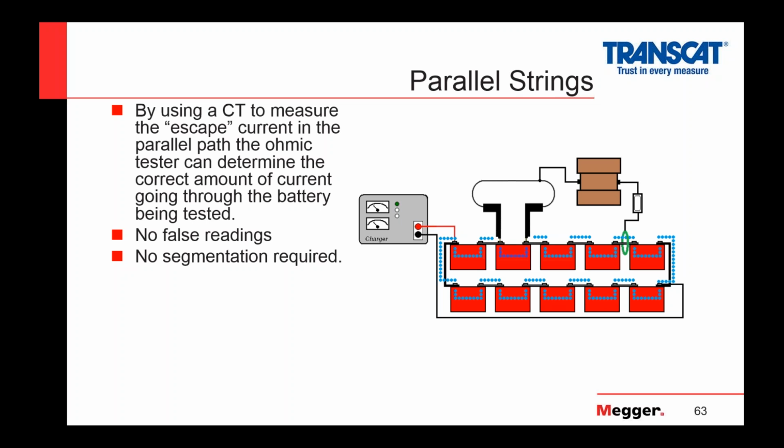So instead of segmenting them, you can use an extra CT and put it around the parallel string so that it can measure what's called the escape current going through the parallel string. So you always will get the proper measurement on each battery. So even if you had a battery that failed or a battery whose impedance is rising, you will find that battery and not end up seeing all of them change because of that.